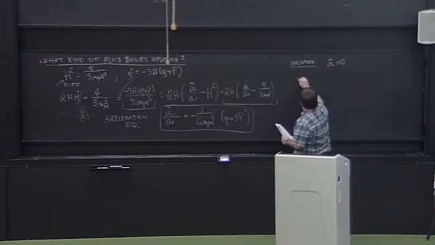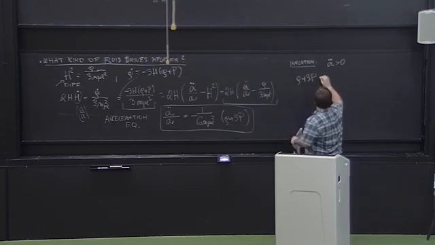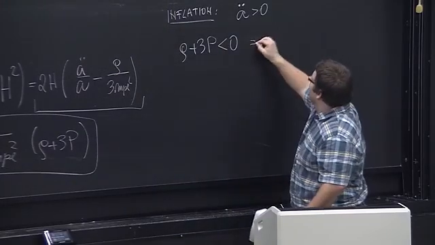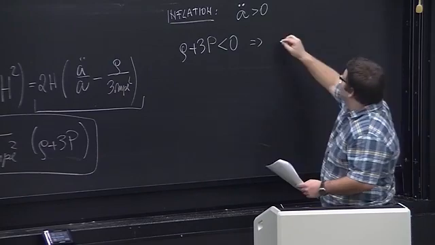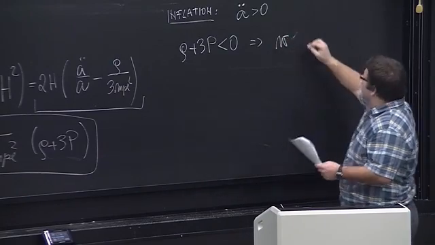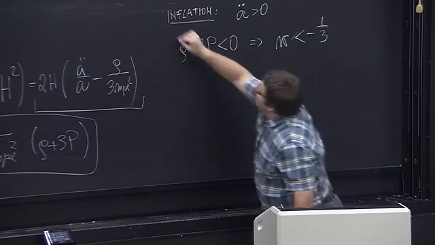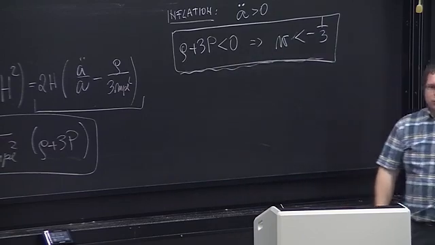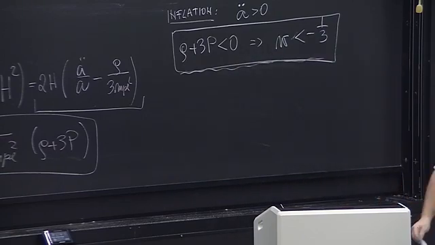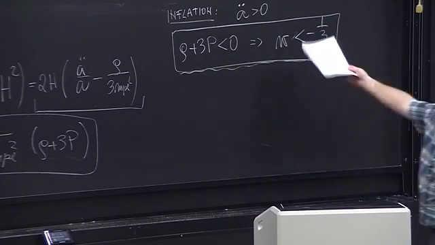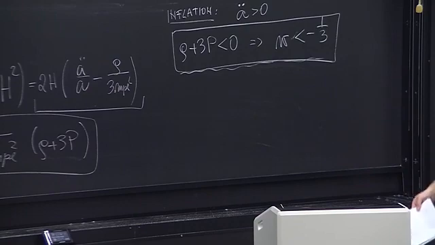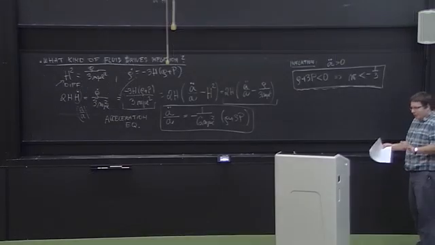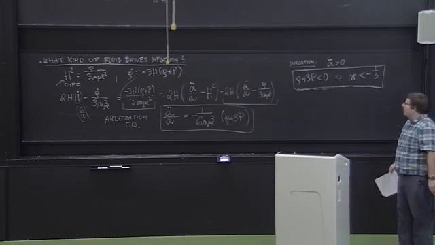So that means that rho plus 3p is smaller than 0. Or, if you want, the w parameter is smaller than minus 1 over 3. Okay, so that's the condition for inflation to happen. I need acceleration to be bigger than 0. Well, a double dot bigger than 0. Okay, so now this is an equation of state for my matter, which dominates the universe at the time of inflation, if you want.